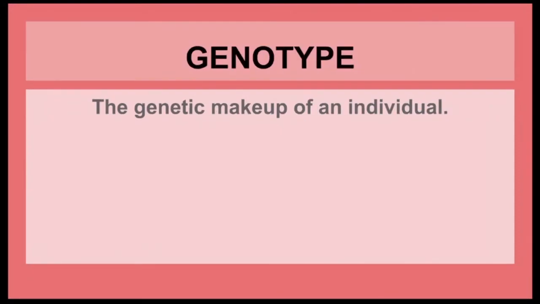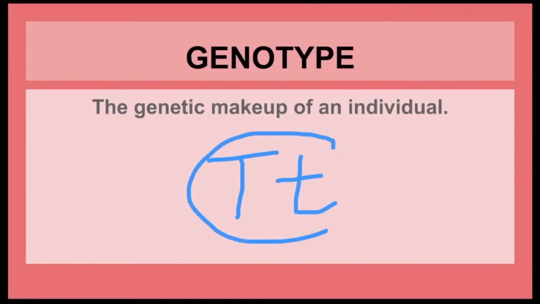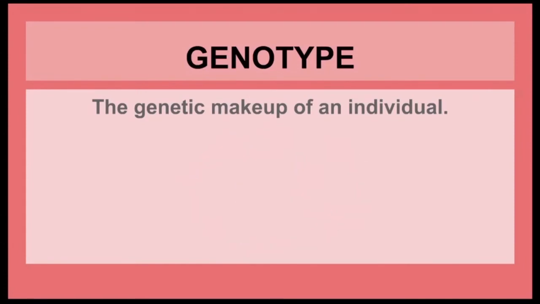Genotype tells us the genetic makeup of an individual. Say for example, an individual is tall but it has these two genes, then this is the genetic makeup or the genotype of that individual. Although it appears tall, it has the gene of dwarfness also in it.